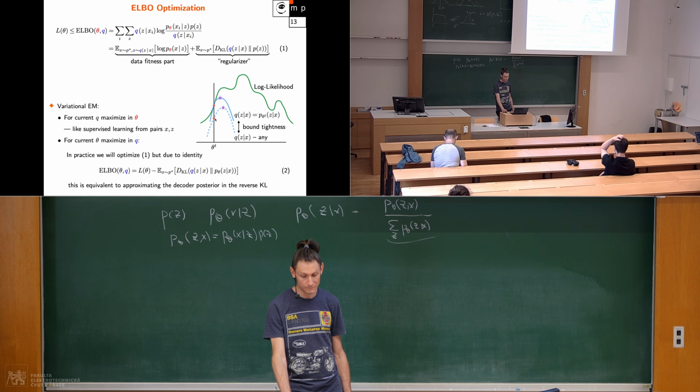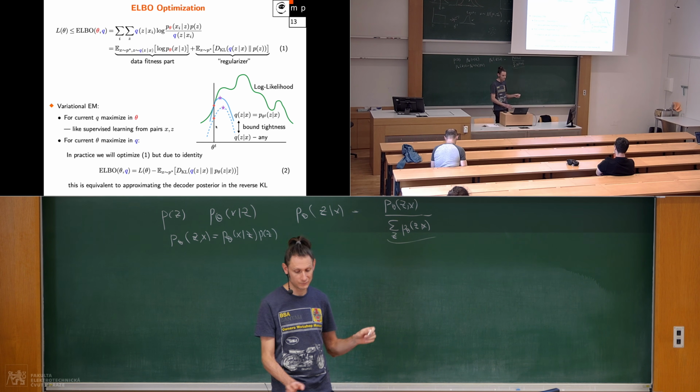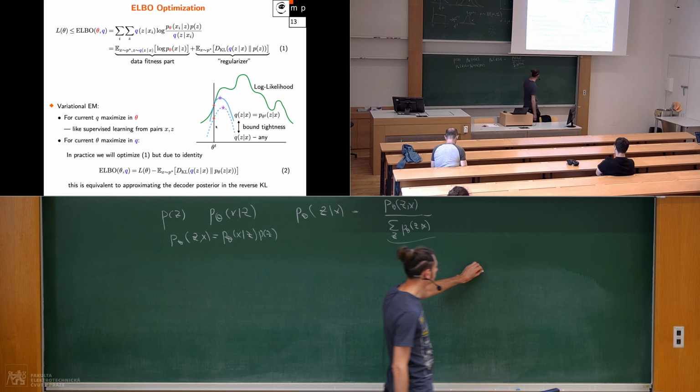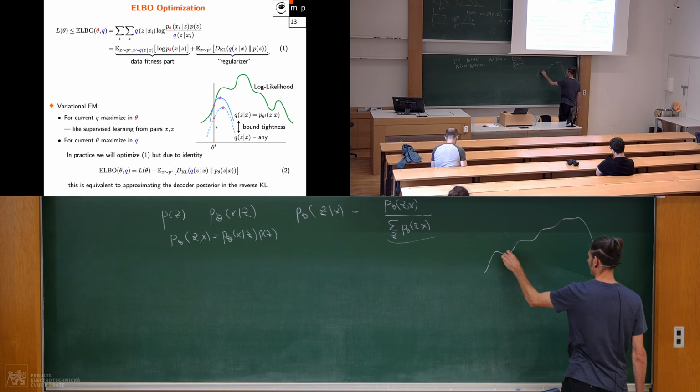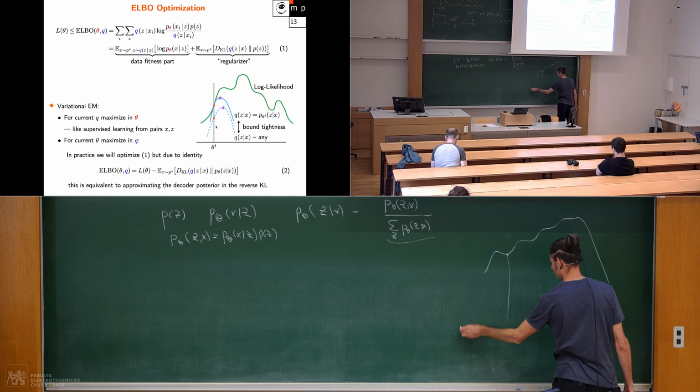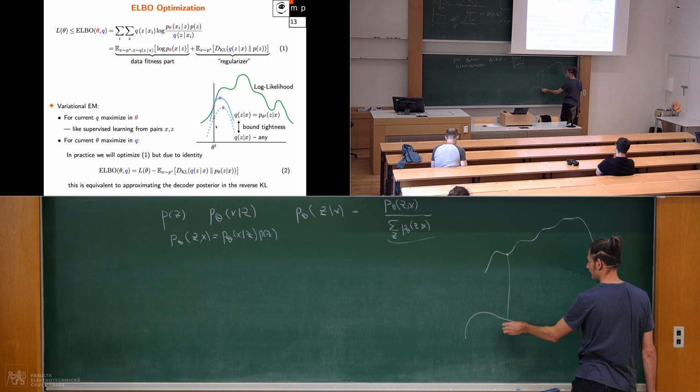And then if we have some lower bound and try to improve it in theta, what we are obtaining is a higher value of the lower bound, but not necessarily a higher value of the likelihood, because this lower bound could be loose, right?